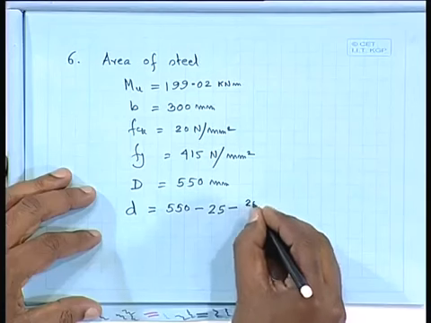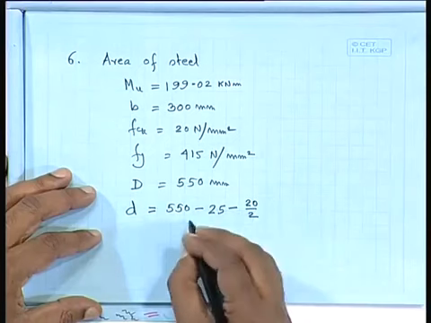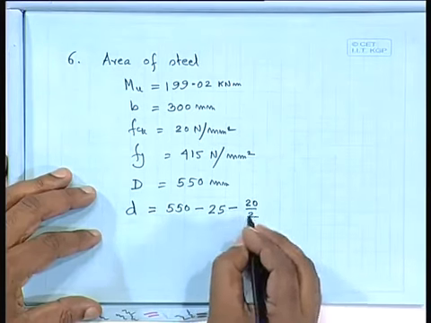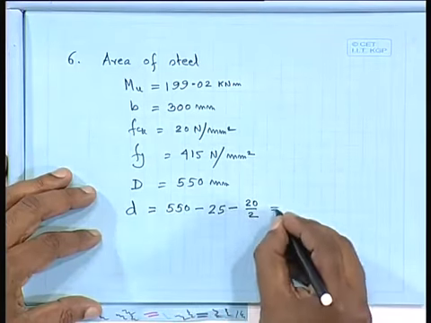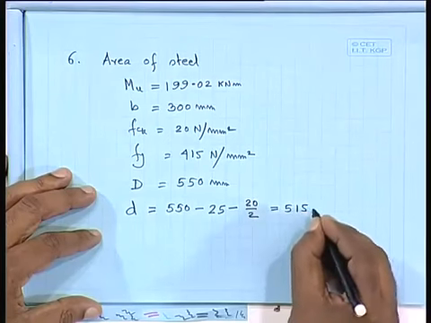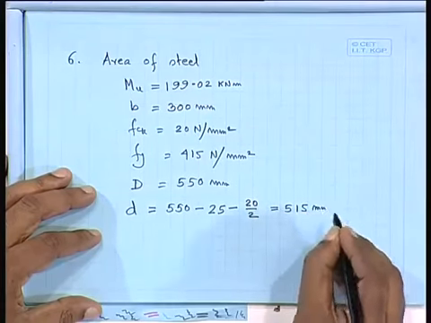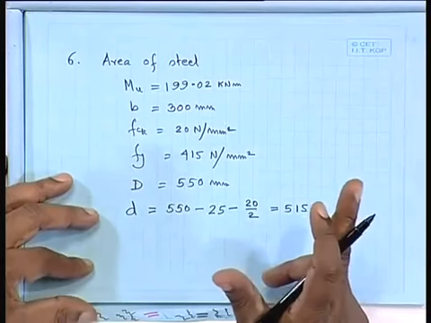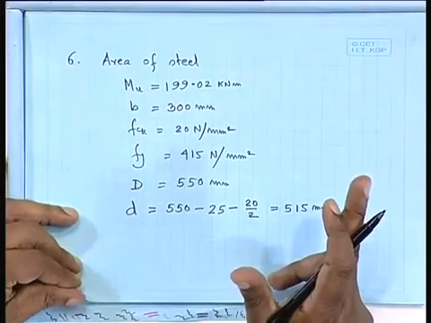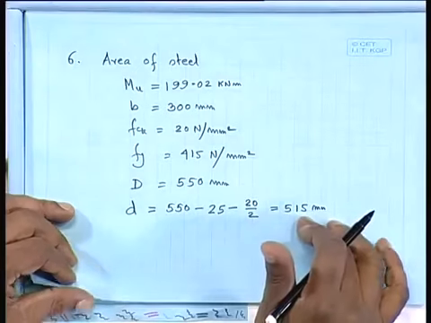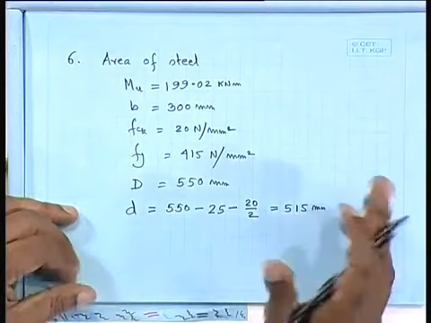So we can get it as 550 minus 25 minus 20 by 2, that is the effective depth, which we are getting here, 515 millimeter. Earlier case we took 25 millimeter dia bar. But here I am assuming that we may accommodate that within 20 millimeter dia bar, maybe 4 or 5, whatever will come.